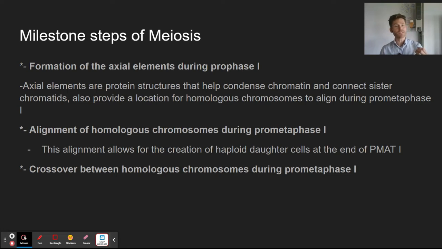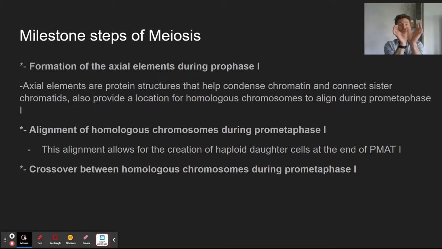Then we have the alignment of the homologous chromosomes during prometaphase I. So this is a vastly different setup than we see in mitosis. The fact that the homologous chromosomes align with one another along the midline of the cell is very important for the way that the separation is about to occur in anaphase.